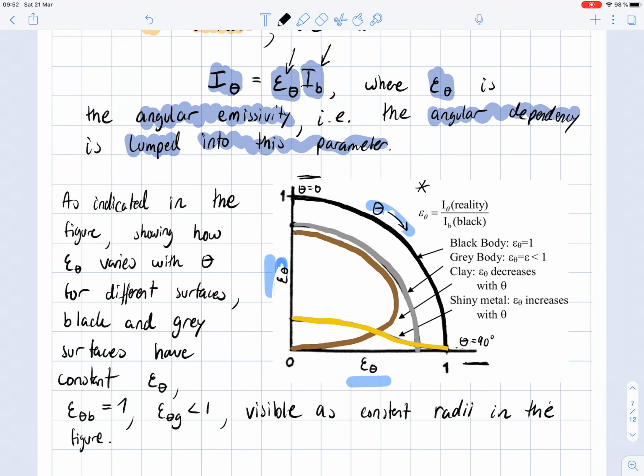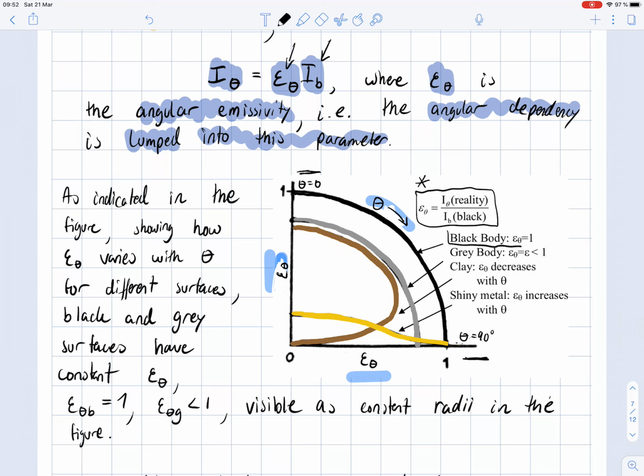We define this epsilon theta as the ratio between the true intensity and the intensity of a black surface. So for a black body, epsilon theta equals 1.